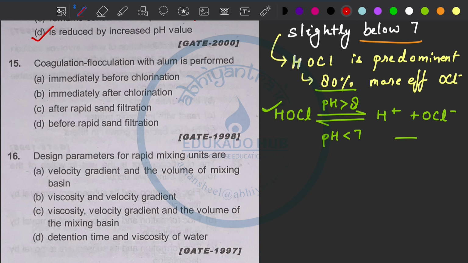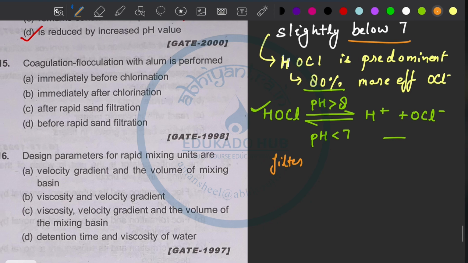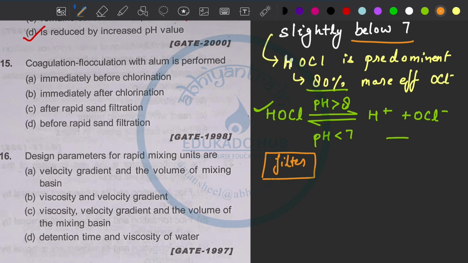So we can say that if we are using the filter before coagulation, it will just increase the load on the filter. The load will be increased because turbidity is also not removed, so filters will work for less time because there is greater load on the filters.